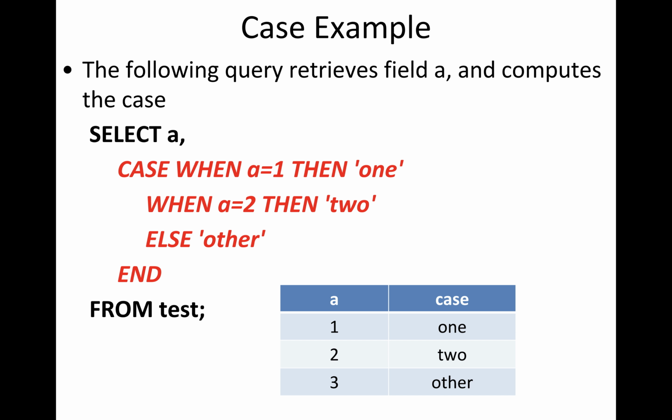Based on 1, 2, or 3, we can compare the value of the field A, and the result can either be 1, 2, or other, and we can give a name to that field. By default, it takes the name of the function that was used, so that's why this says case. But here we could have overwritten it and said, in letter or written format, and then have this field called written format.